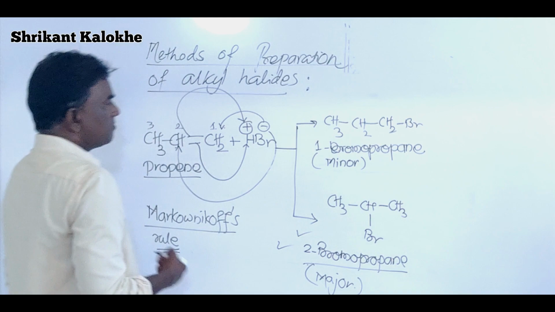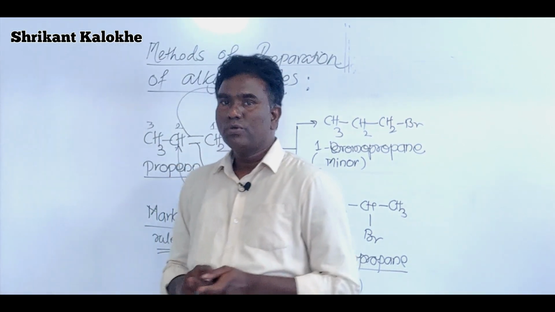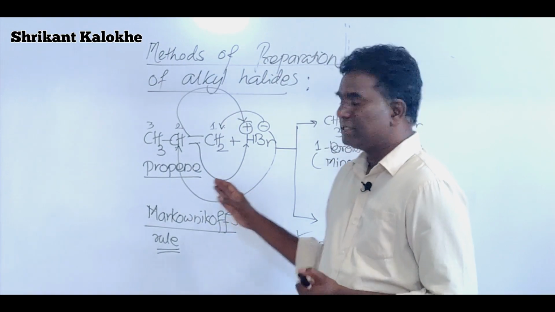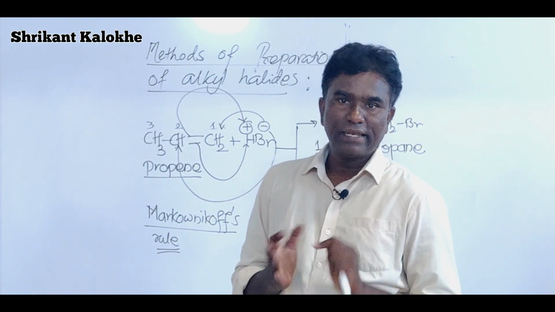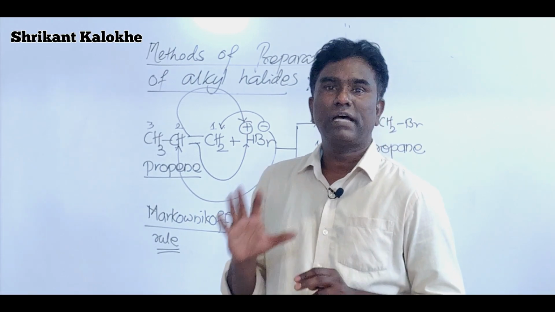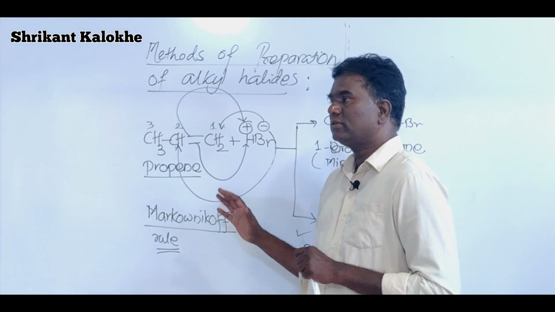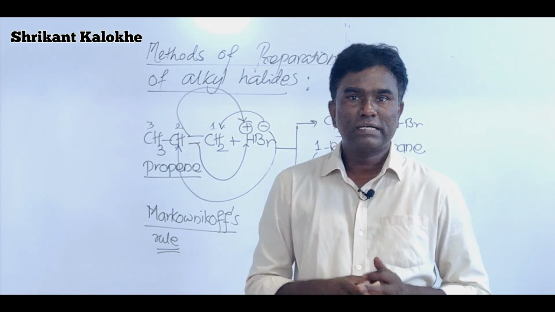And in this way, Markovnikov's rule could be applied on different alkenes. You can have different examples, for example but-1-ene, but-2-ene, pent-2-ene, pent-1-ene, and you can try those, and those examples are there in your textbook for the exercise.